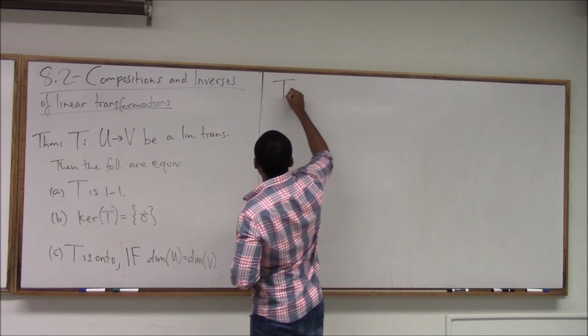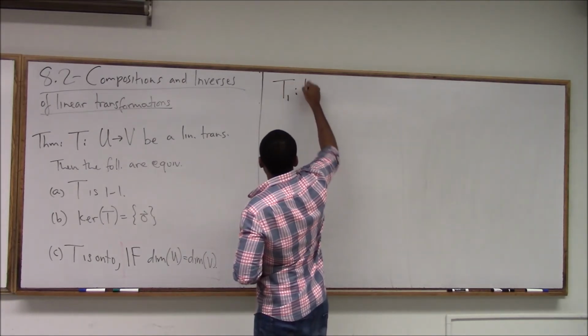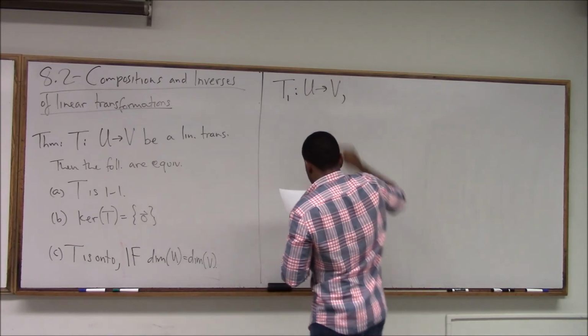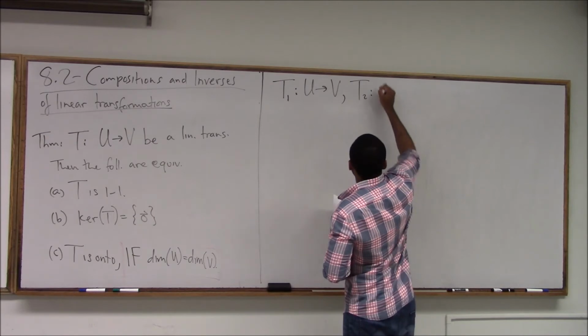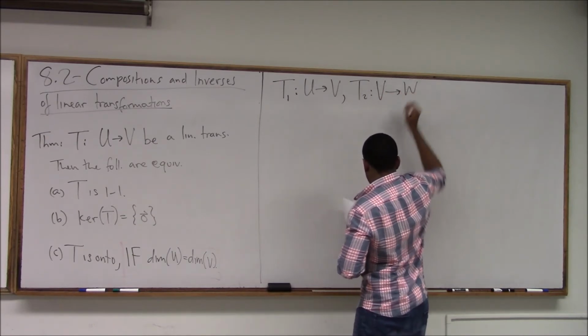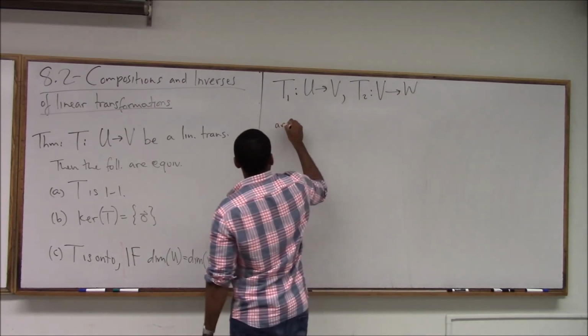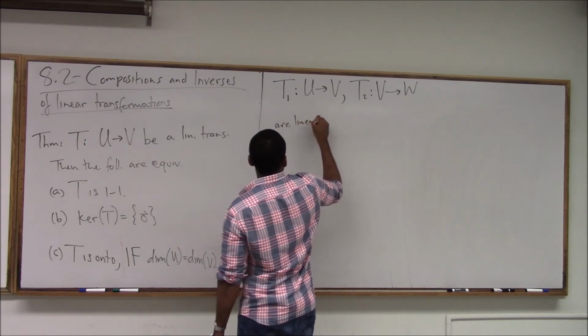So let's say I have T1 that goes from U to V, and T2 goes from V to W, and both are linear transformations.